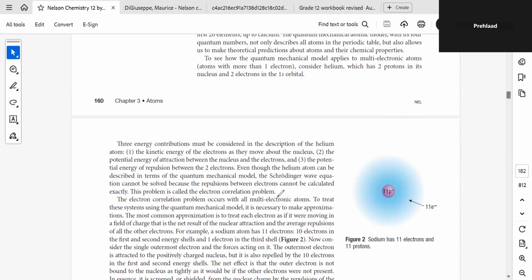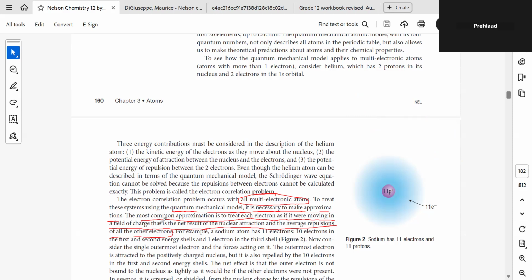Because of this problem, it is necessary to make approximations. The most common approximation is to treat each electron as if it were moving in a field of charge that is the net result of the nuclear attraction and the average repulsion of all the other electrons.